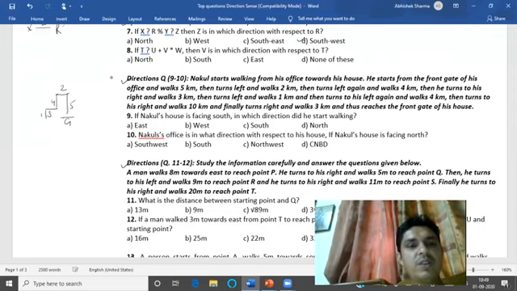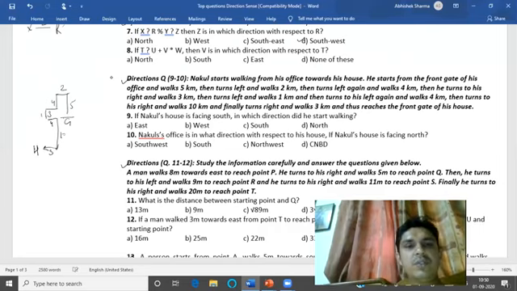So from this point he walked 4 kilometers. So this can be the situation where he has walked 4 kilometers. Okay, then he turns to his right and walks 10 kilometers, and finally turns right and walks 3 kilometers, and reaches the front of the gate of the house.